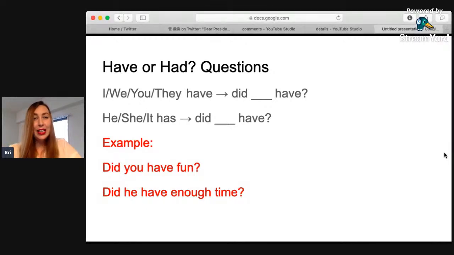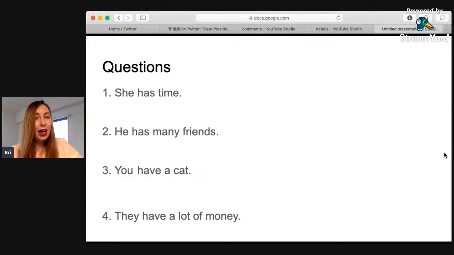Okay, very good. So let's try some questions. These are all in the present tense, and we're going to change it to simple past and then negative and then a question. So let's see. What is the past tense of she has time?